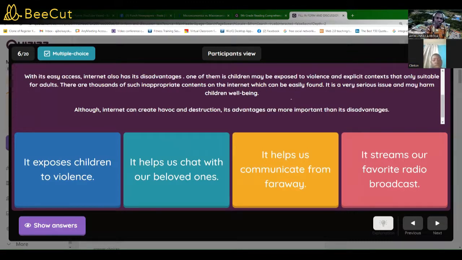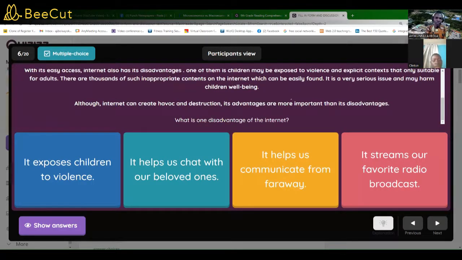Although the internet can create havoc and destruction, its advantages are more important than its disadvantages. So, what is one disadvantage of the internet? It exposes children to violence. Okay, exposes children to violence.